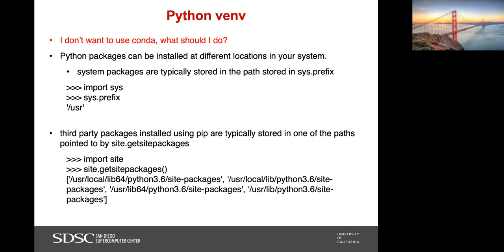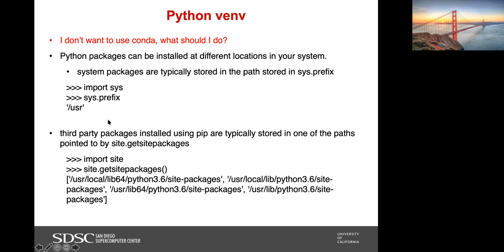Before going into venv, let me just cover some quick basics of how Python installations work. Python packages can be installed into different locations based on how you install them. A lot of system packages get installed under sys.prefix, which on TSCC is /usr.